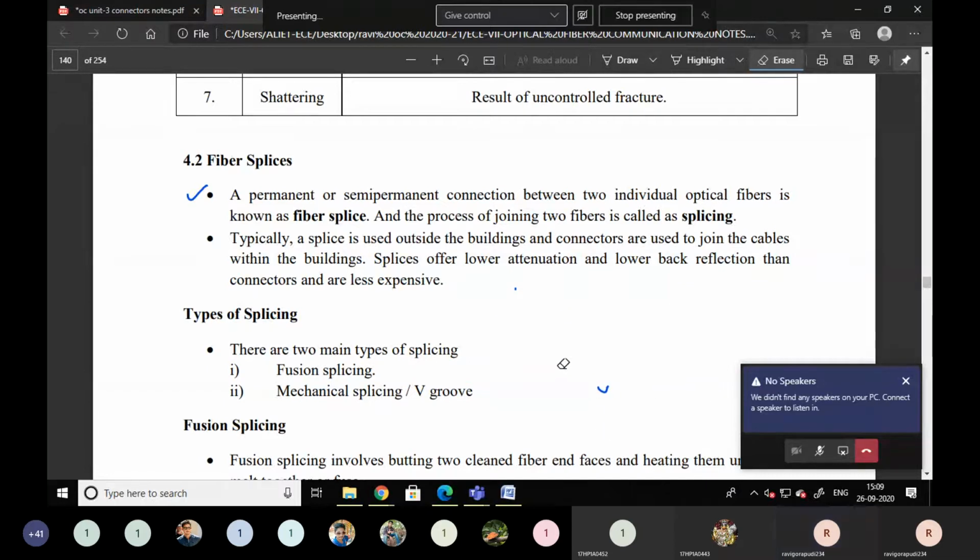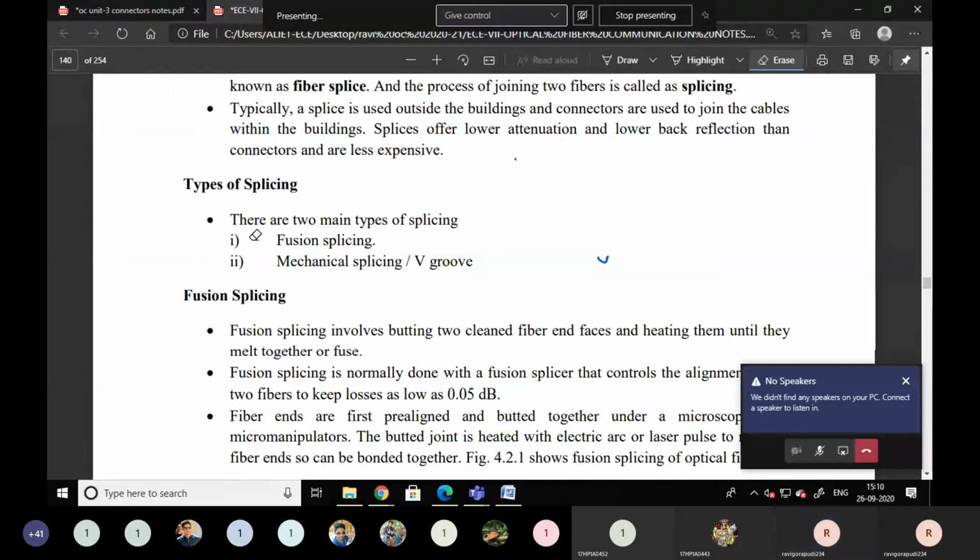Types of splicing. There are two types of splicing: fusion splicing and mechanical splicing, which may also be called V-groove splicing. Basically, in mechanical, one of the types is V-groove.